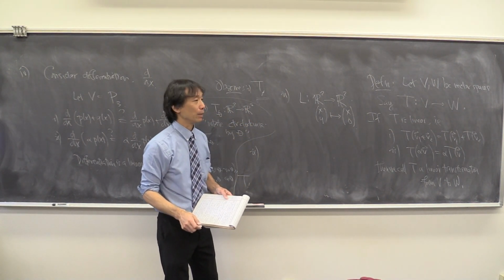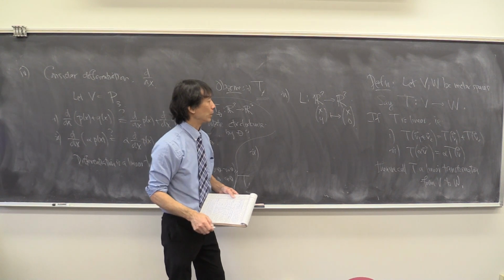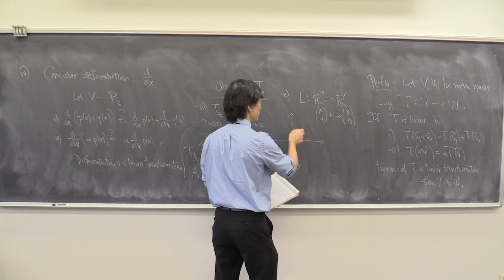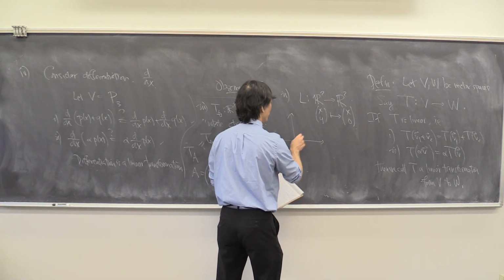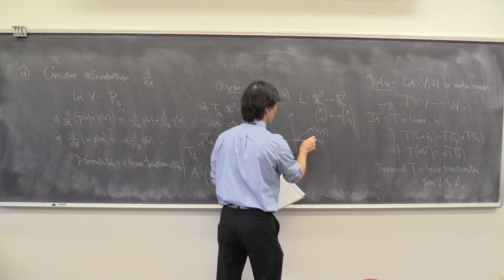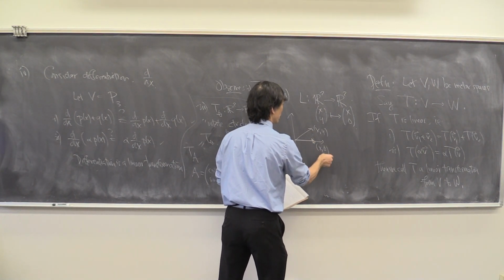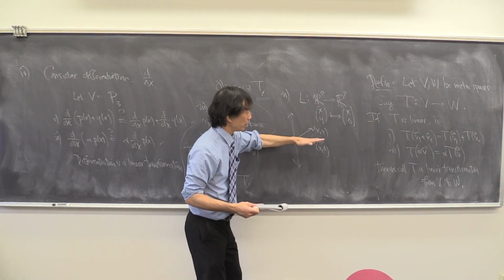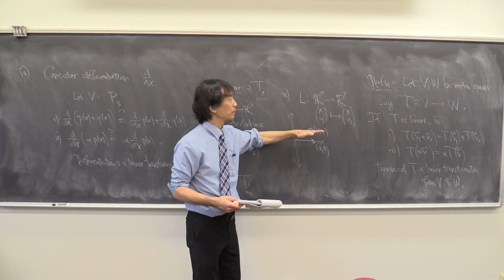So x, y goes to x comma 0. Pictorially, you have your vector x, y, and it gets mapped to x comma 0. It's what's called a projection. You project the vector onto the x-axis.